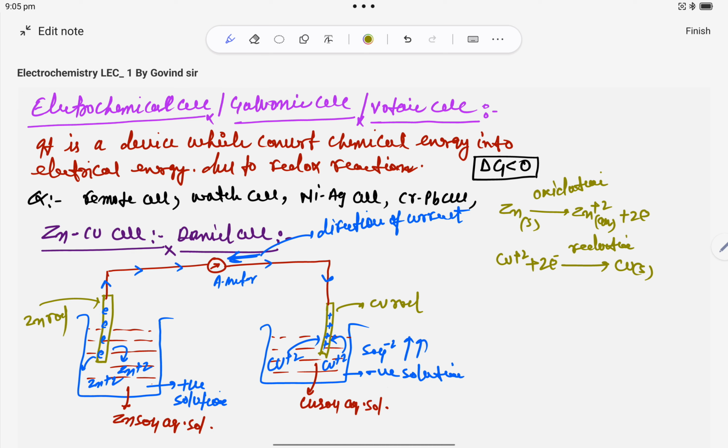Okay. So here oxidation and reduction happened, that means a redox reaction happened.